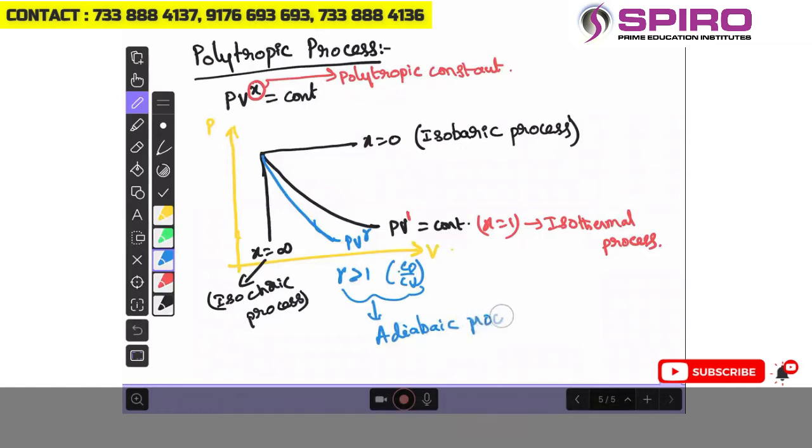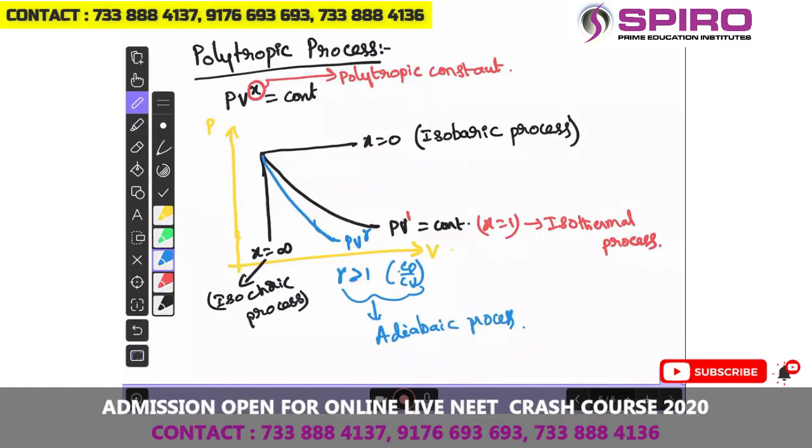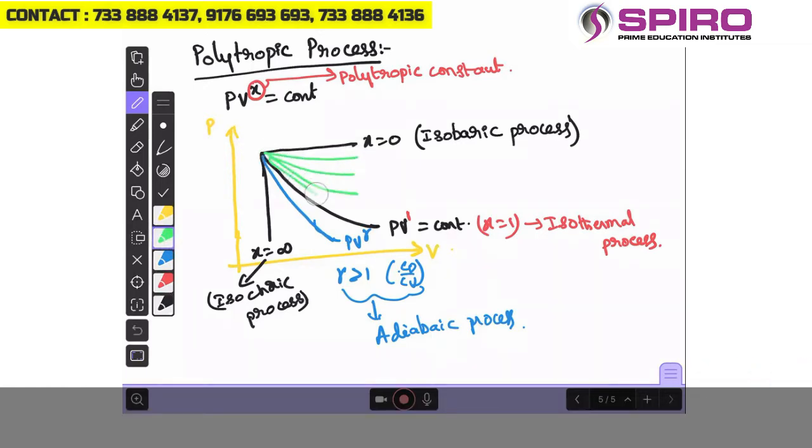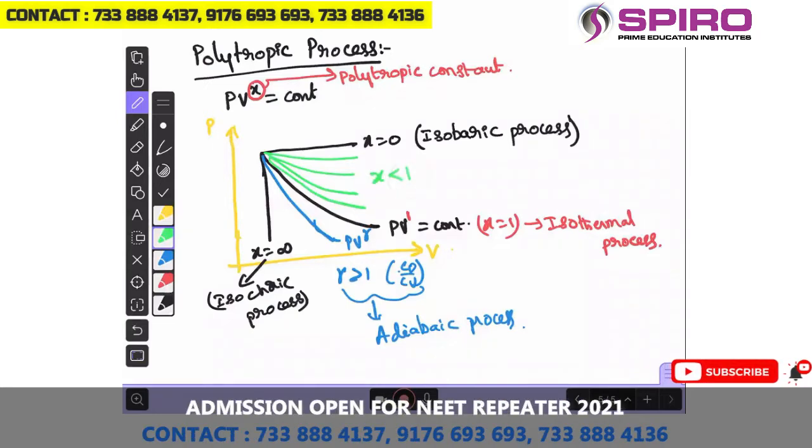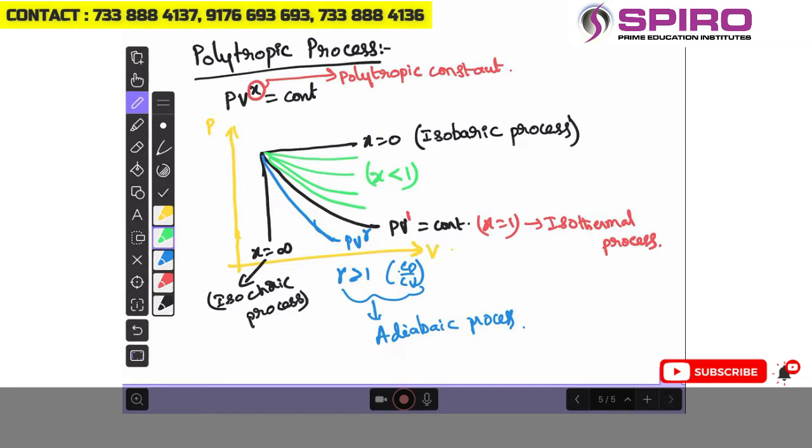Okay, for all other processes, other than these curves, if you take any other significant curve, and some curves are like this, for all these curves above the isothermal curve, the X value will be less than 1. For all X value less than 1, the curve will fall under isobaric process and isothermal process.